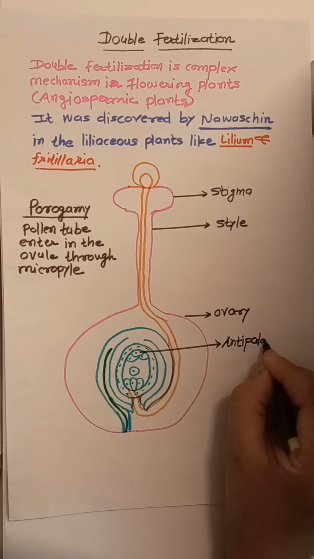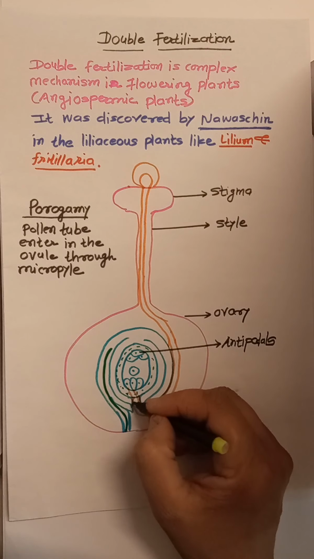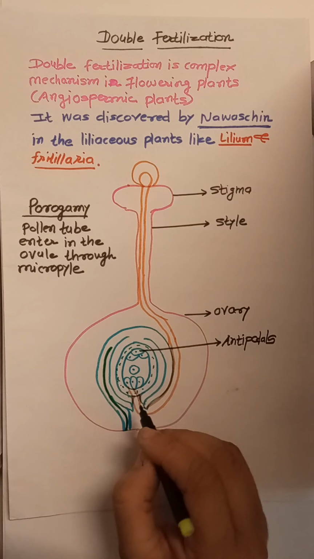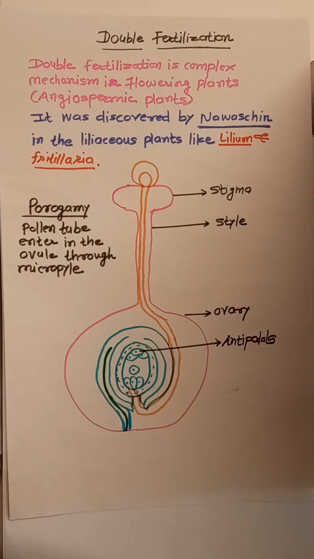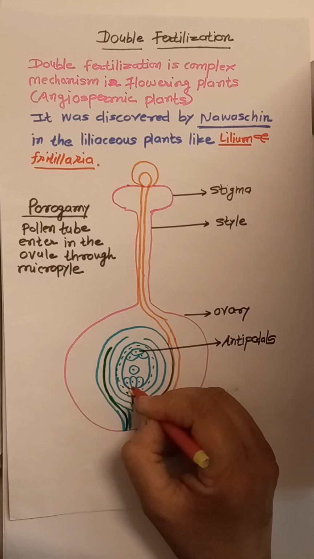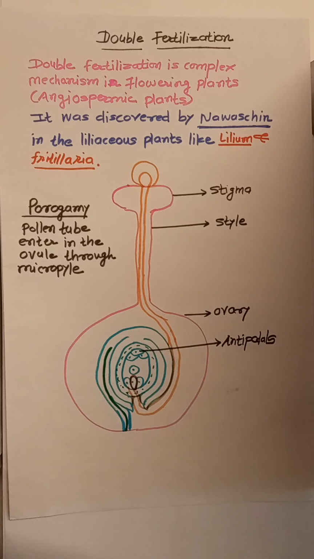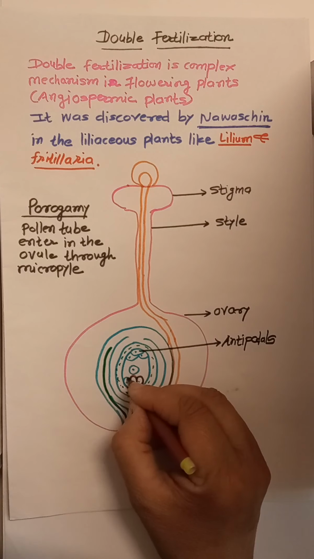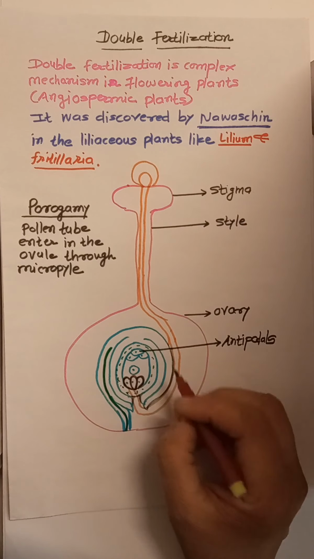Pollen tube enters in the embryo sac through one of the synergids. This is egg, that is female gamete, and beside this egg 2 cells are there. These 2 cells are called as synergids. So this is one synergid and this is another synergid.